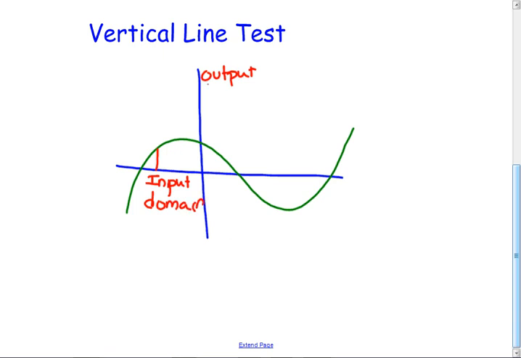This is called your range. On the graphing calculator, it's called the window. So you have to know domain and range. If I go over here and I want the y value, there's only one y coordinate at that point. There's not two. So the vertical line test is if you draw a vertical line, it crosses the graph only in one place.